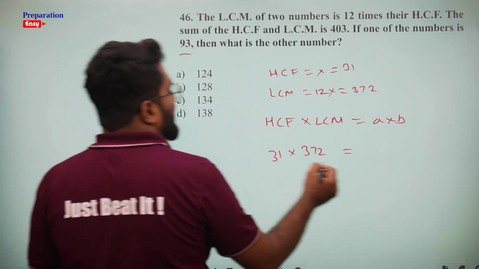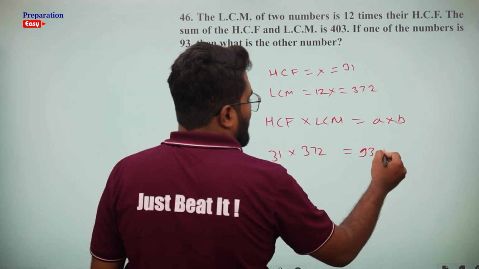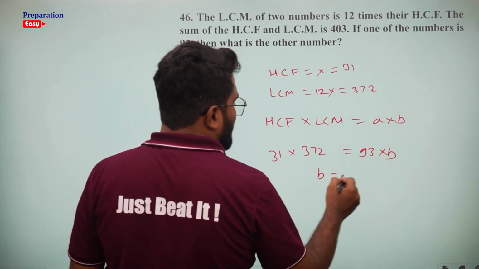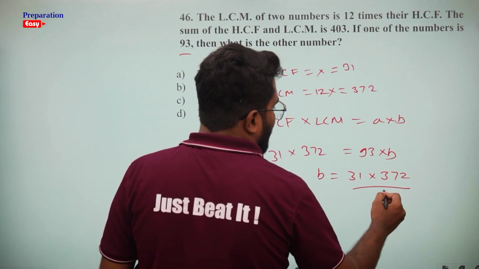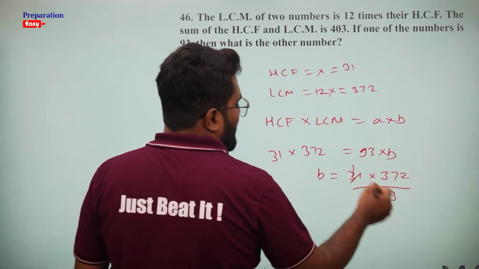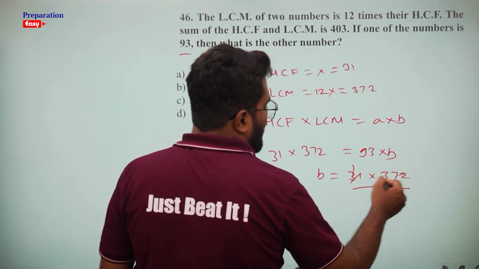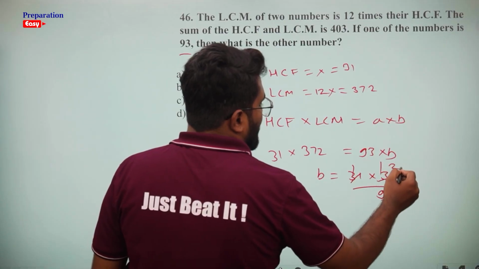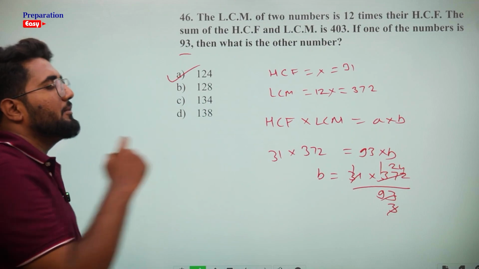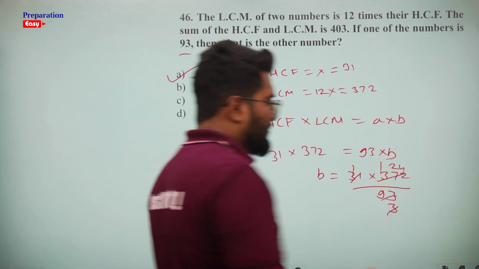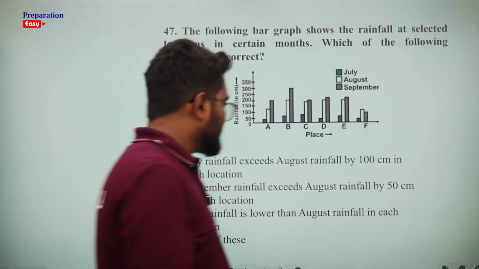A is 93, given. We have to find B. So B will be equal to 31 multiplied by 372 divided by 93. So the answer will be 124. Okay. Move towards next question.